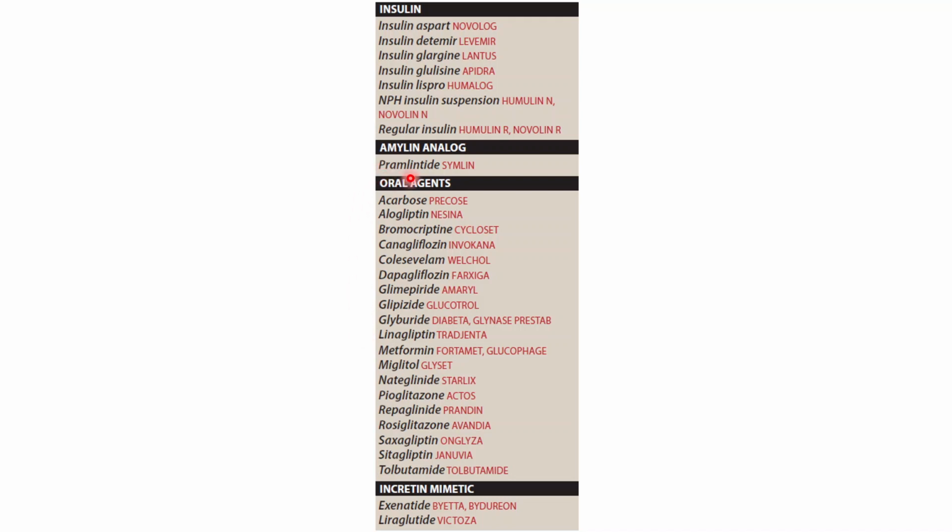Also, amylin analogs, which are also prescribed orally, and incretin mimetics are also available nowadays.